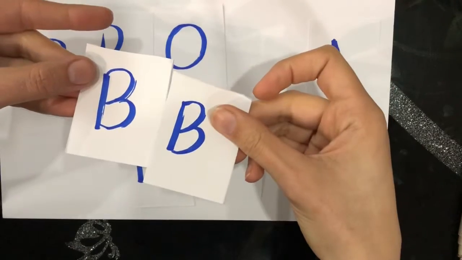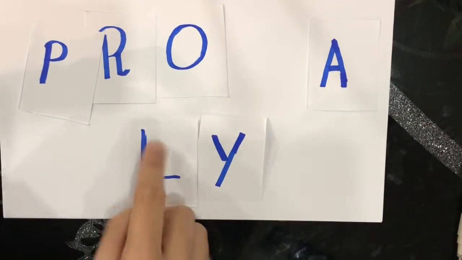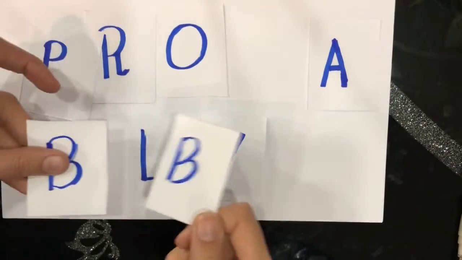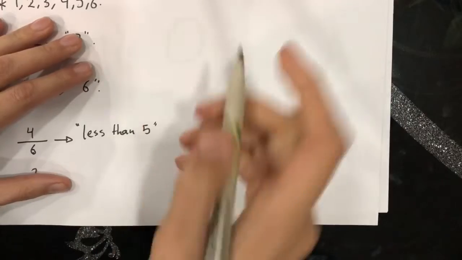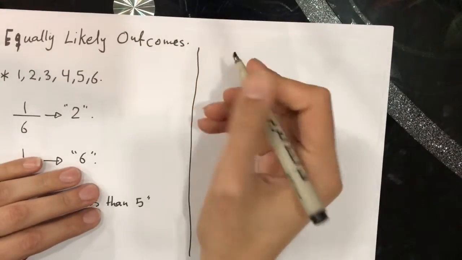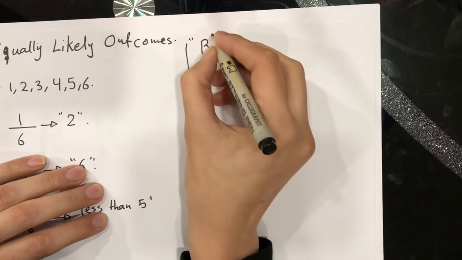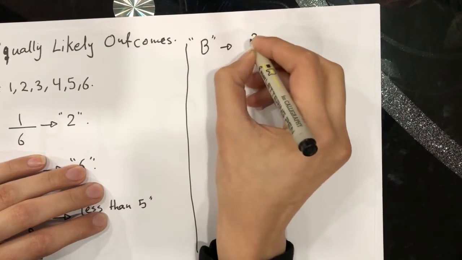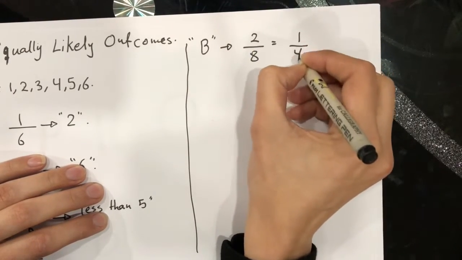So the outcome of this happening is 2 out of 1, 2, 3, 4, 5, 6, 7, 8. If we write here, the probability of getting the letter B will be 2 out of 8. This is equivalent to 1 out of 4.